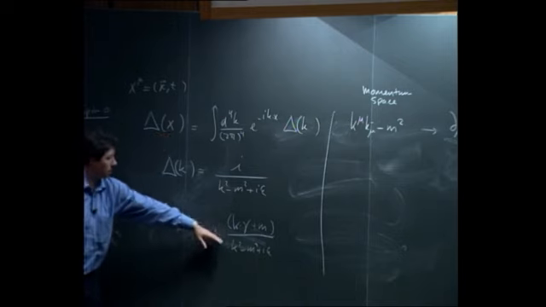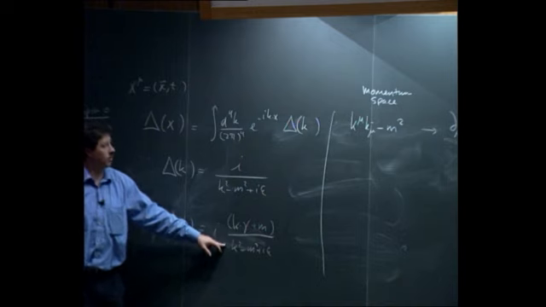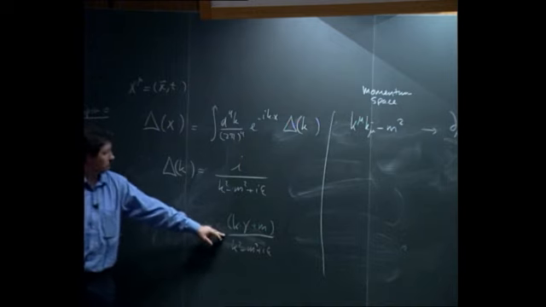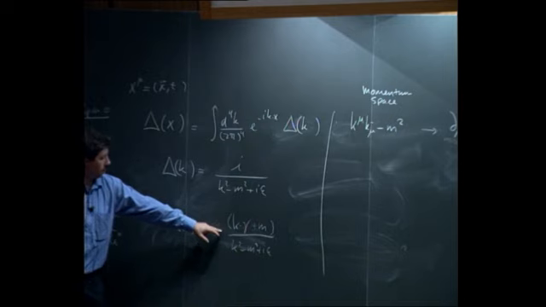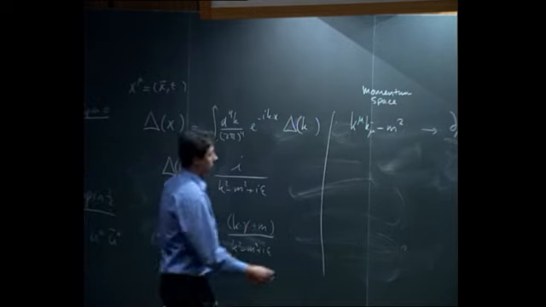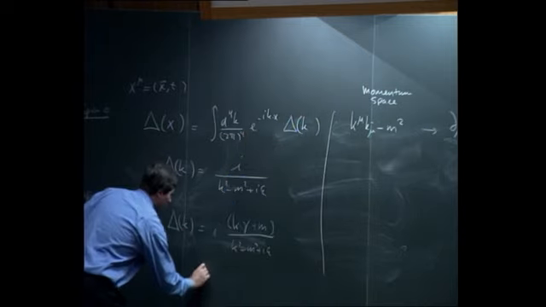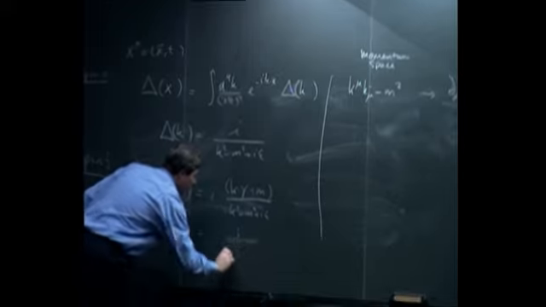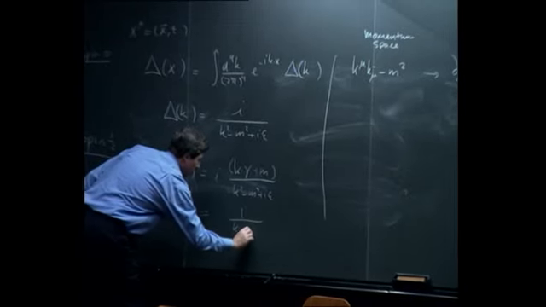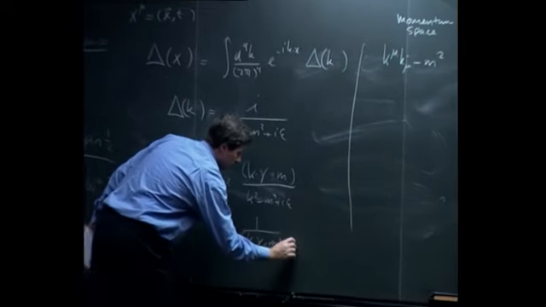And similarly here, for the Dirac field, this propagator is the inverse of the kinetic operator. For the Dirac field, you can write this alternatively as 1 over k dot gamma minus m plus i epsilon.